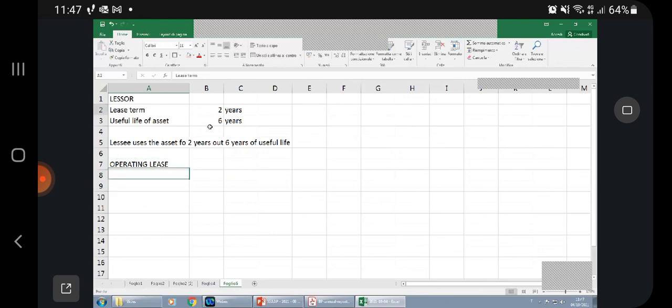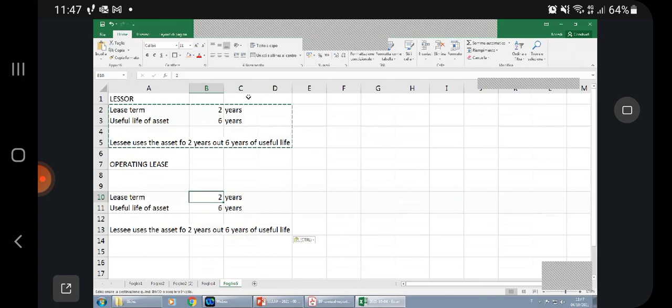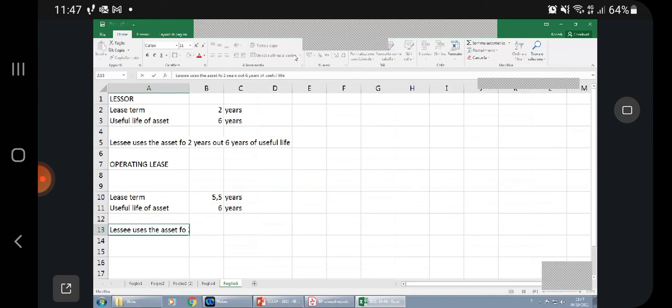Now, I make a copy and paste. Suppose that now the lease term is for 5 years and 6 months. A very long period.